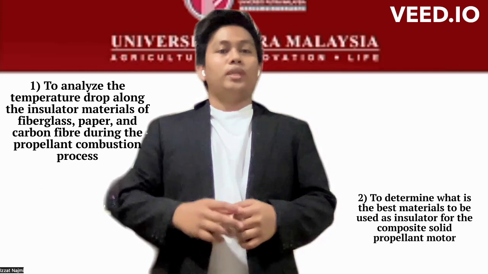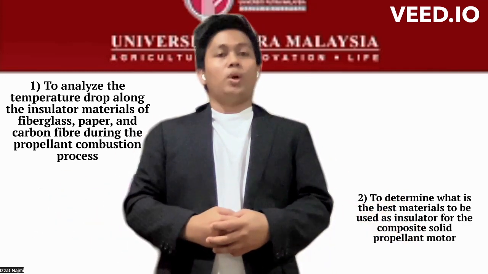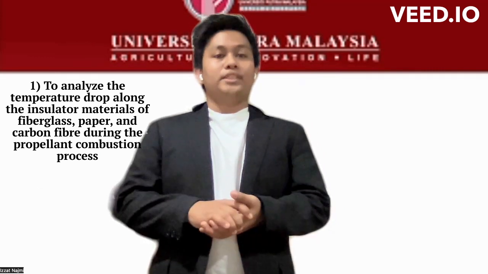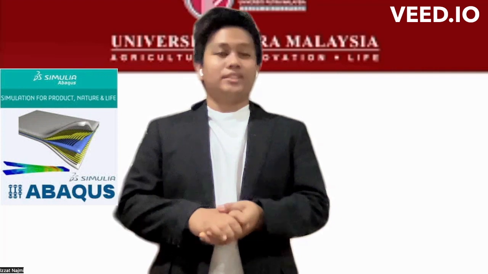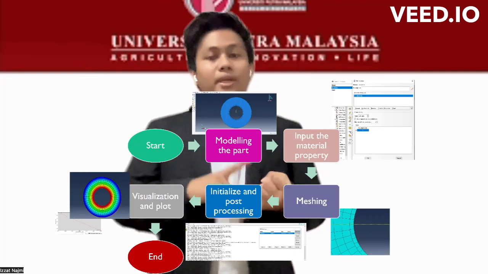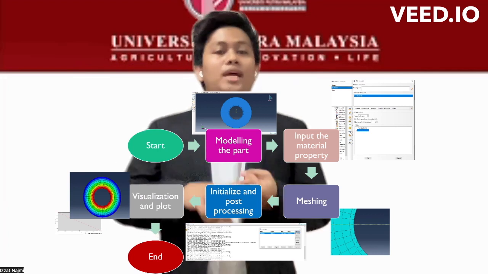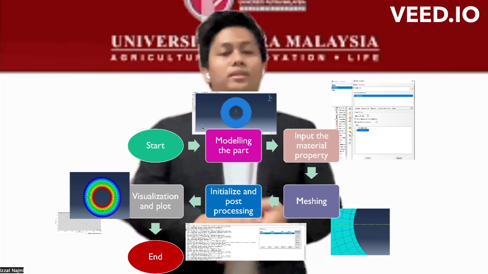The second is to determine the best material to be used as insulator for the composite solid propellant motor. In this research, I use Abaqus software with the analysis type of heat transfer, starting from modeling the part.